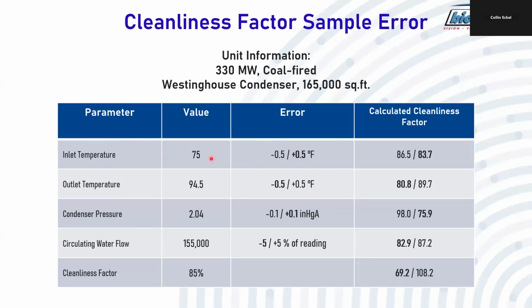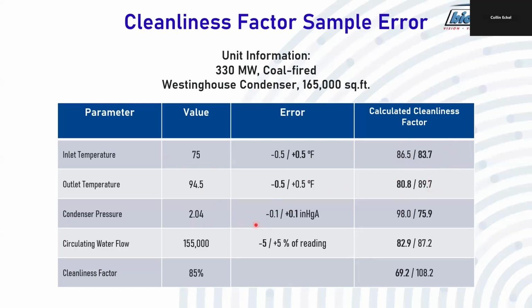So for inlet temperature, nominal value 75, an error of plus or minus 0.5 degrees Fahrenheit results in a cleanliness factor error of approximately 1.5%. The outlet temperature of 94.5 degrees Fahrenheit with the same plus or minus half a degree Fahrenheit results in a cleanliness factor error of approximately plus or minus 4.5%.